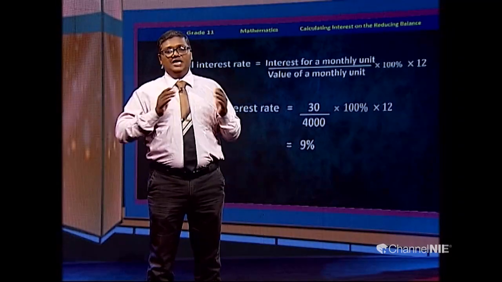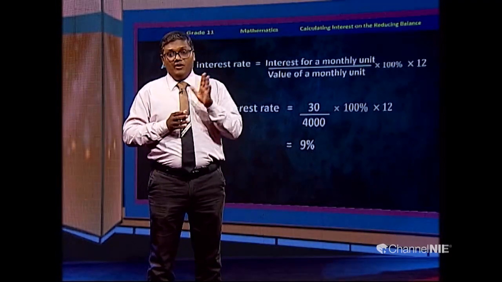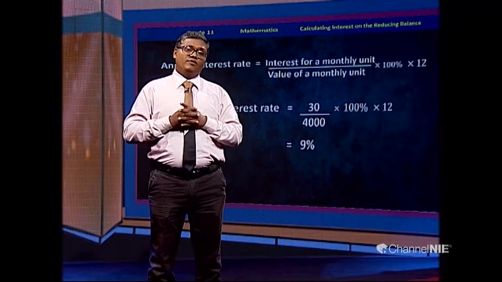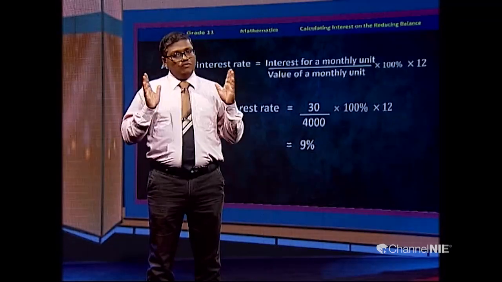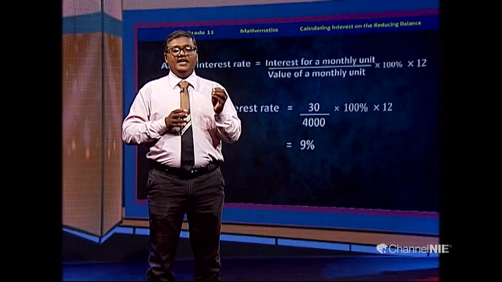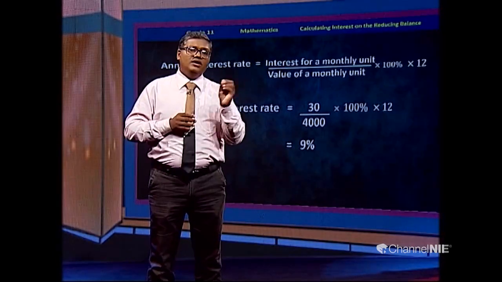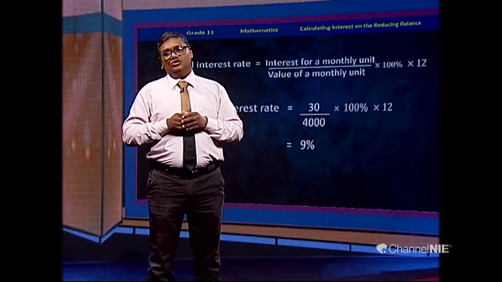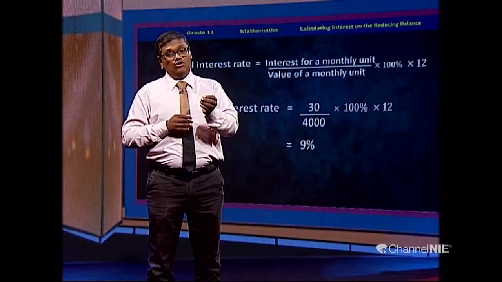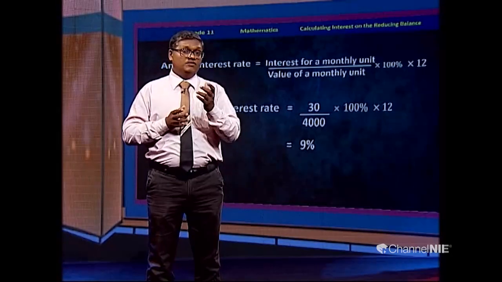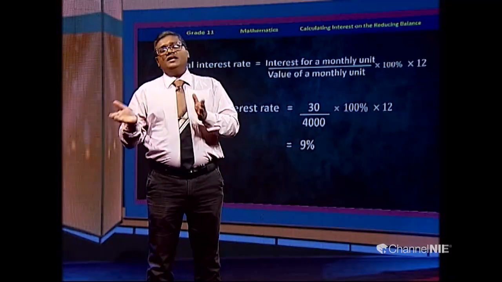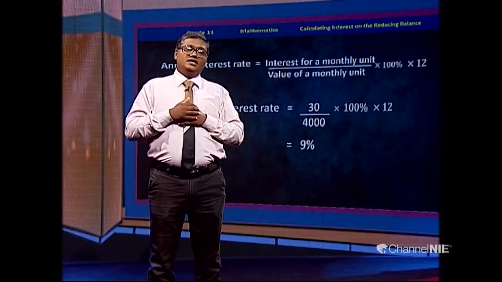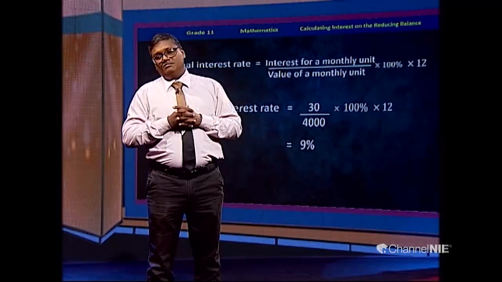Now in my presentation I proposed two methods of finding the annual interest rate. The first method is by taking a symbol for the unknown annual interest rate. You can take X or you can commonly take R% for the annual interest rate. The other method is a formula.